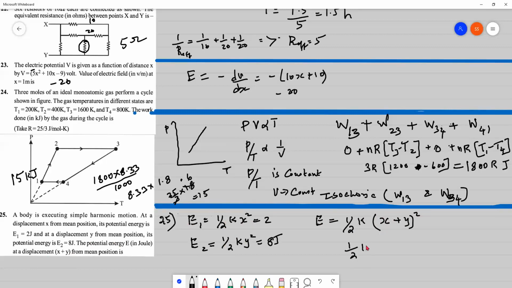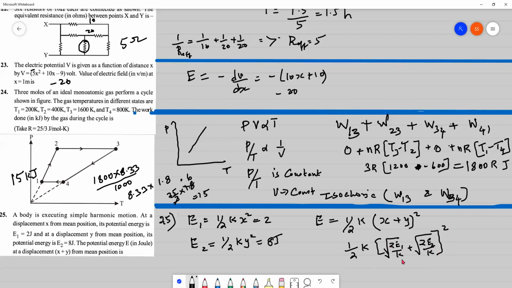Half k into root of 2E1 by k plus root of 2E2 by k, the whole square.